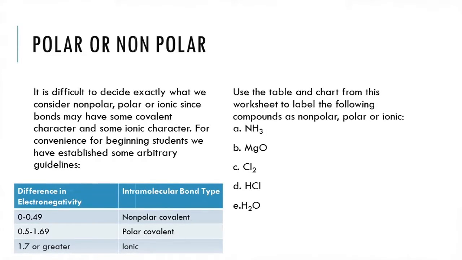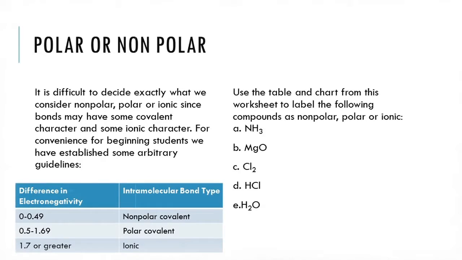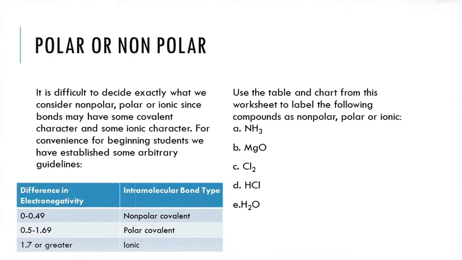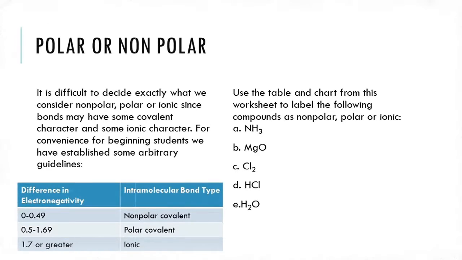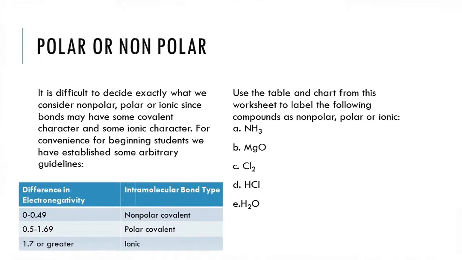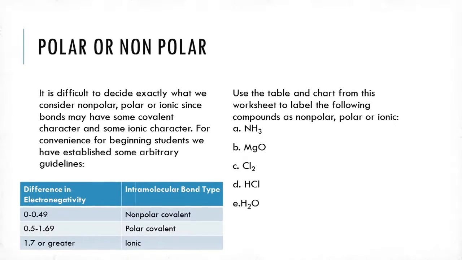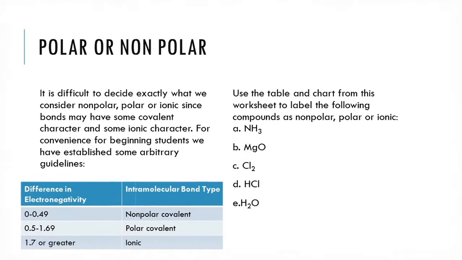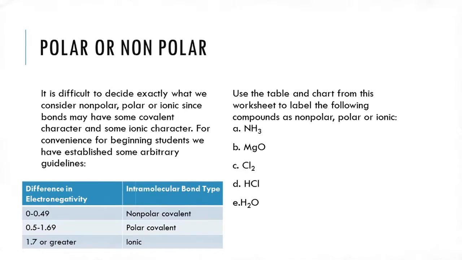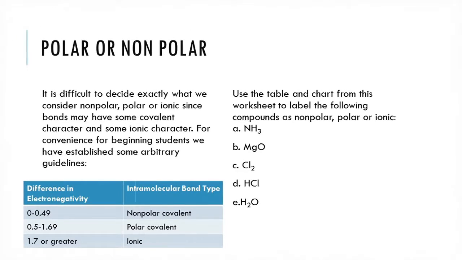If you take the larger electronegativity and subtract the smaller electronegativity for each of the atoms, and the difference is between 0 and 0.49, you have a nonpolar covalent bond. If it's between 0.5 and 1.69, you have a polar covalent bond. And if it's bigger than 1.7, you have an ionic bond.